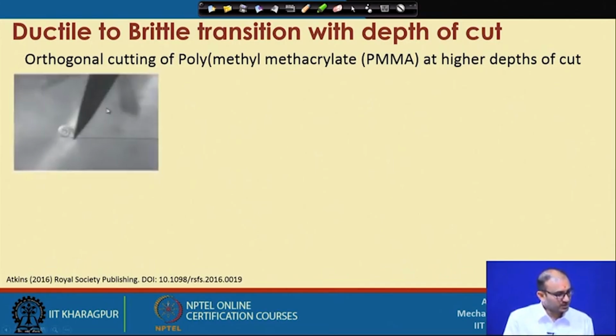So now let us see. These are the high speed images of the cutting tool. This is the cutting tool, this is the PMMA material and this is the chip, and here the depth of cut is very small.